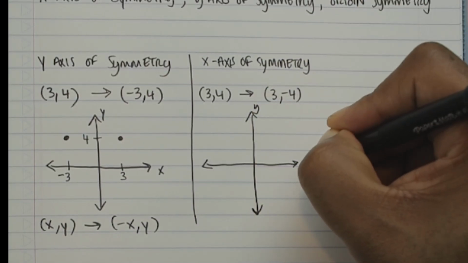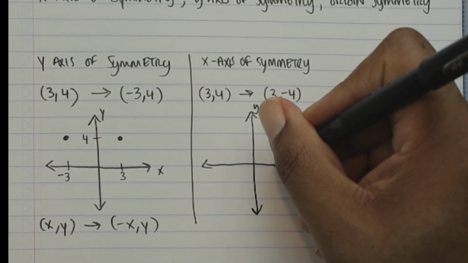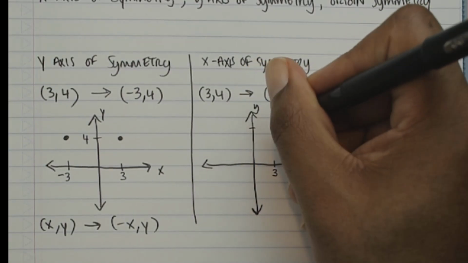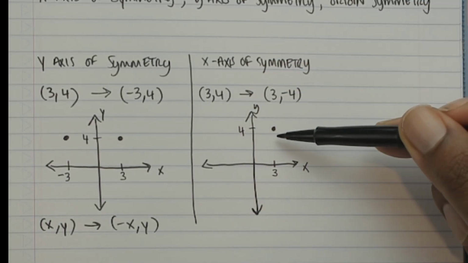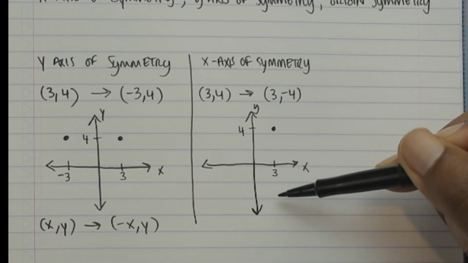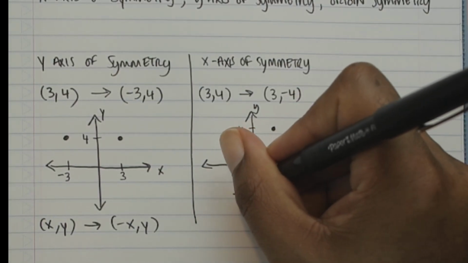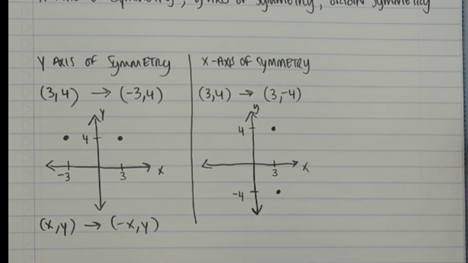We have our y-axis, our x-axis. If you have the point (3, 4), it would be located here. If it's symmetrical about the x-axis, that means it's reflective across the x-axis. Then you must also have (3, -4) on the graph.